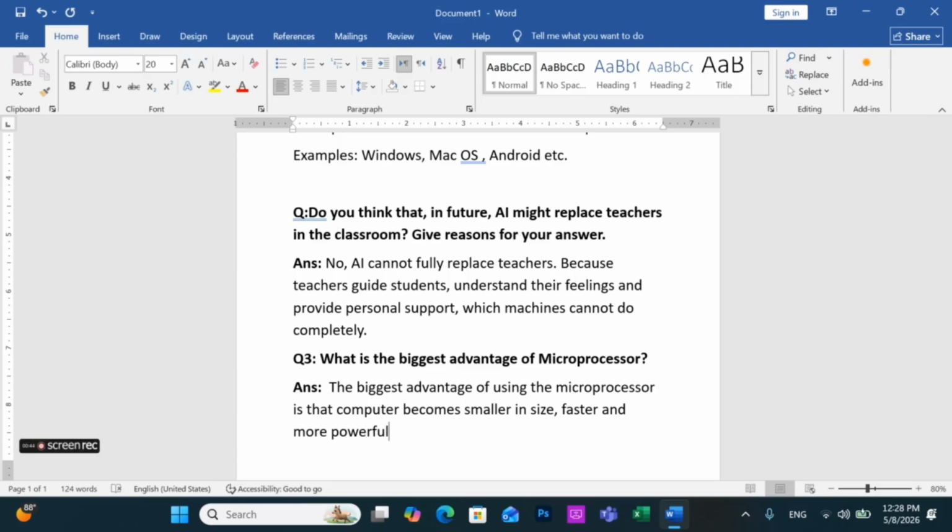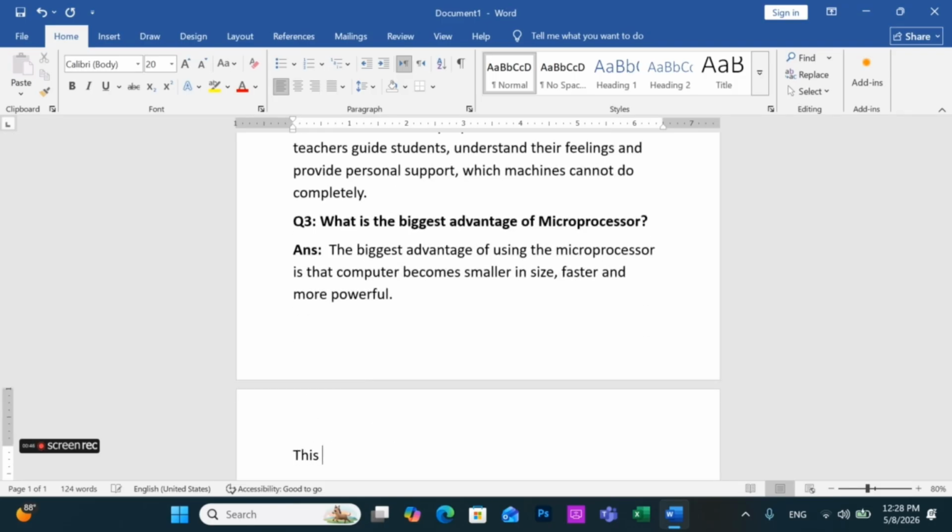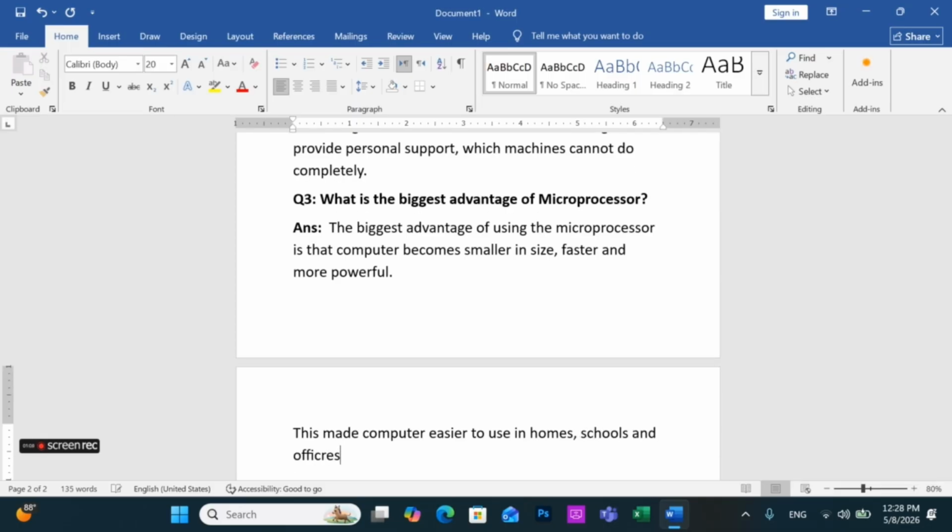Okay, and this made computer easier to use in homes, schools and offices. Okay, so this is the answer of your question number 3.